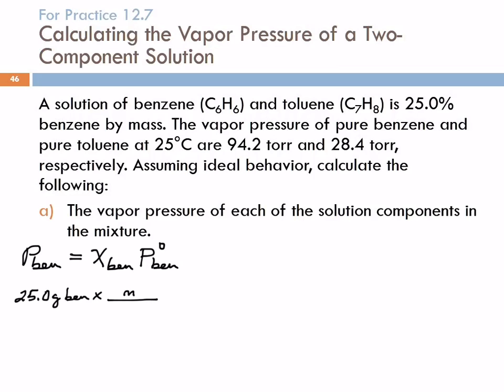So I did some of these calculations ahead last night, because this one's a bit of a booger. So we can calculate the molar mass of benzene. I got 78.108. And that gives us a number of moles of 0.32007. That's moles of benzene.